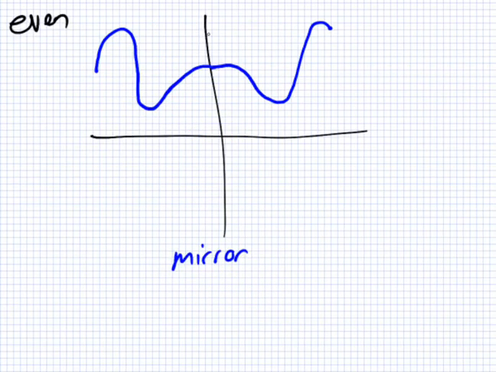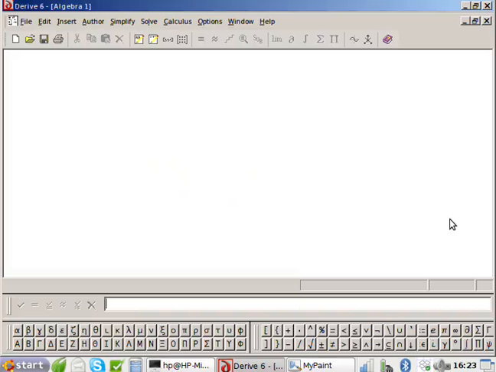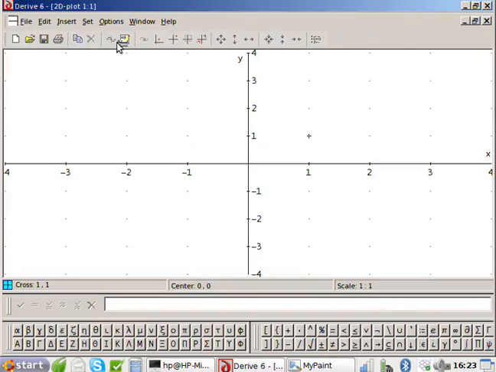How can we tell from the graph if something is even or odd? If a function is even, what you'll notice about the graph is the shape of the curve on the left should match exactly the shape on the right.